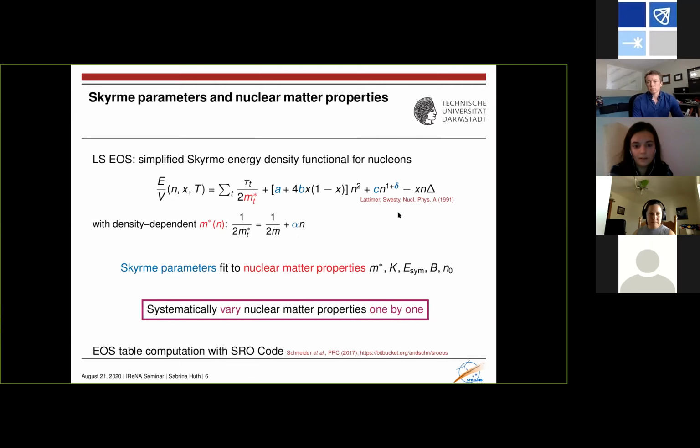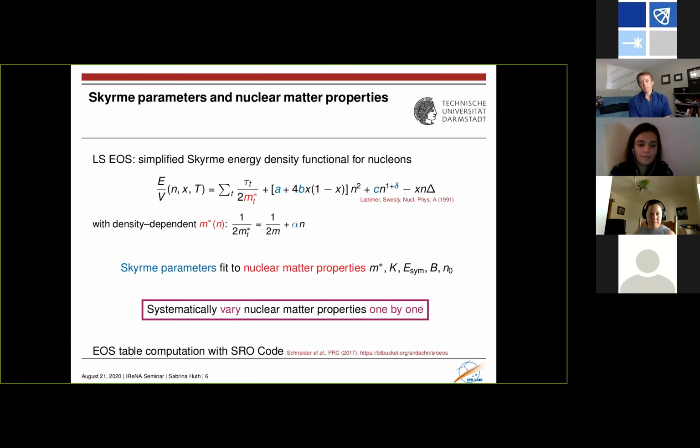So these A, B, C, and delta are called Skyrme parameters, and we fit them to specific nuclear matter properties. So we individually set the effective mass, incompressibility, symmetry energy, binding energy, and saturation density to values basically whatever we like. And then we calculate the Skyrme parameters.